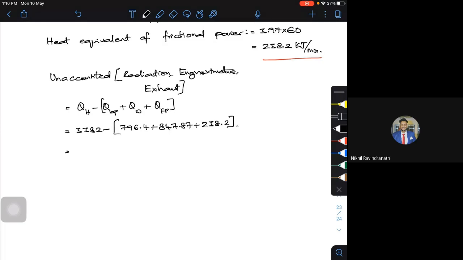If I add it up, the unaccounted heat is 1499.53 kilojoules per minute.